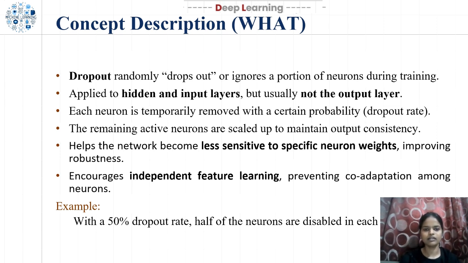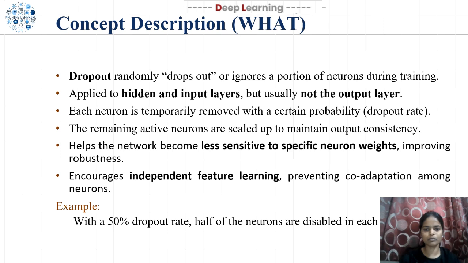As the word suggests, dropout randomly drops out or ignores a portion of neurons during training. This technique is applied to the hidden and input layers, usually not the output layer, because it would hurt the model's performance.